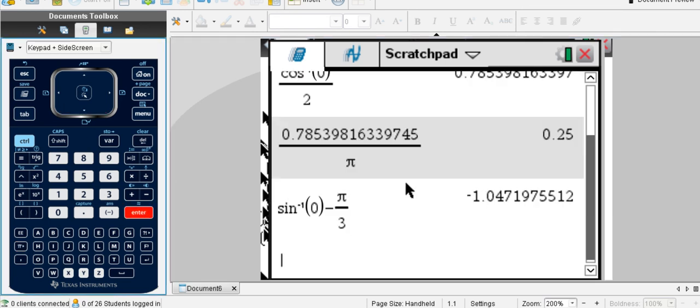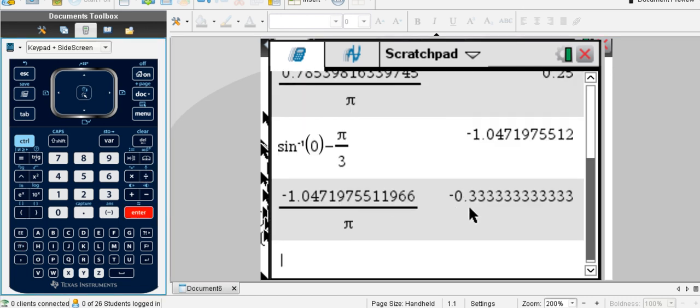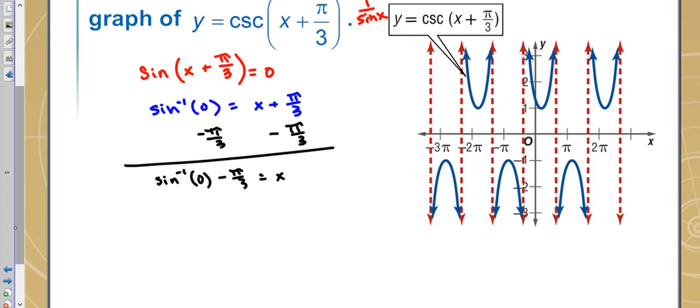And I get this. Now let's get this in terms of pi. So I'll divide this by pi. And it's negative 1/3. So we have negative 1/3 pi. Negative 1/3 pi equals our asymptote. So if I go over here, I should have one at negative 1/3 pi. Now let's check the period.